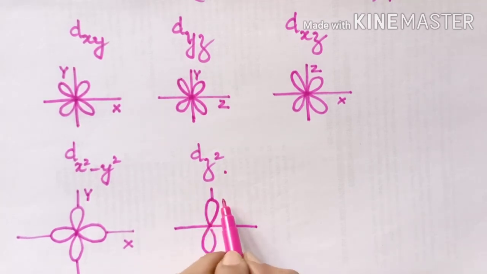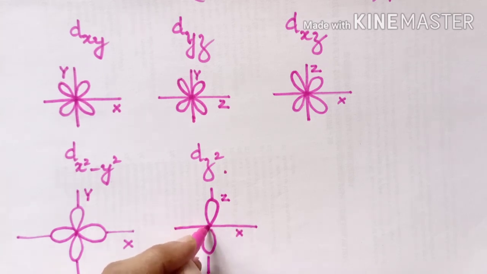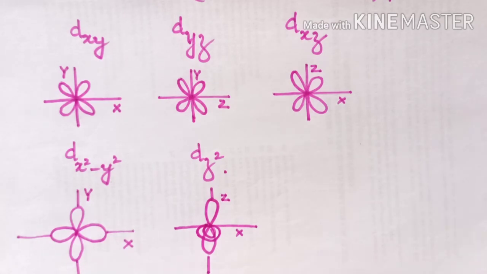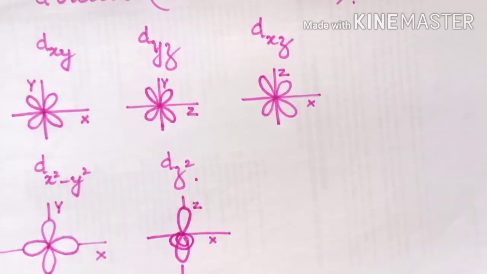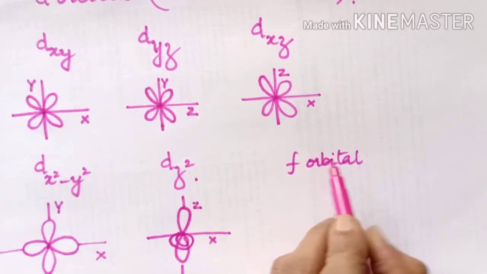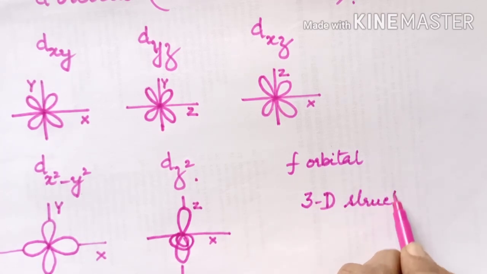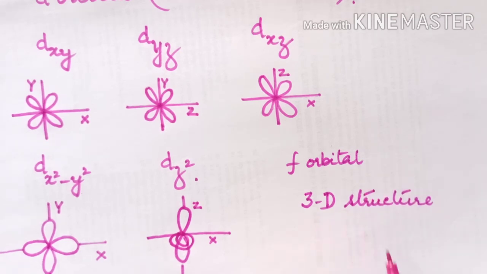So along the z-axis the lobes will be arranged, and here we have the x-axis. It will be protruding in front and behind. So it is also double dumbbell in shape. F orbitals, on the other hand, have a three-dimensional structure. So it is difficult to depict a three-dimensional structure on two-dimensional paper.